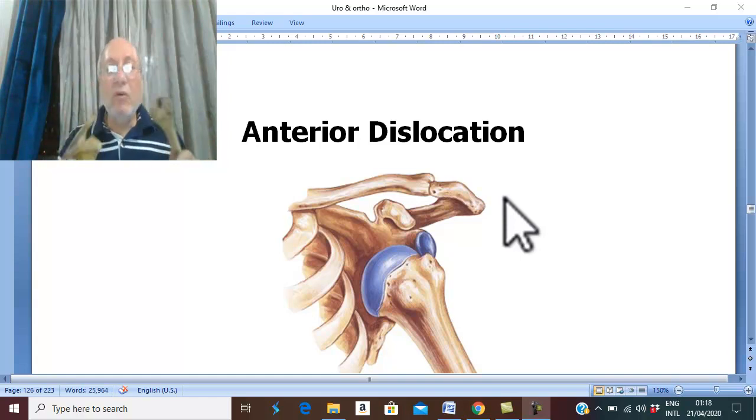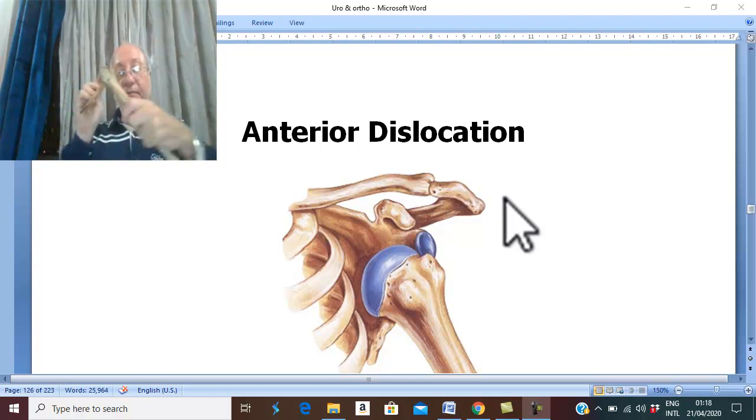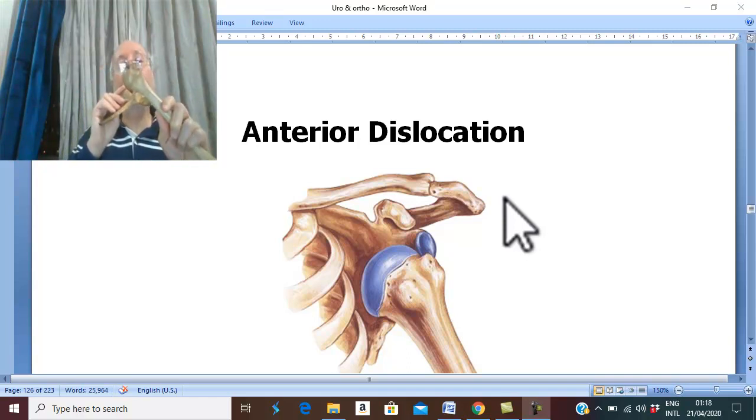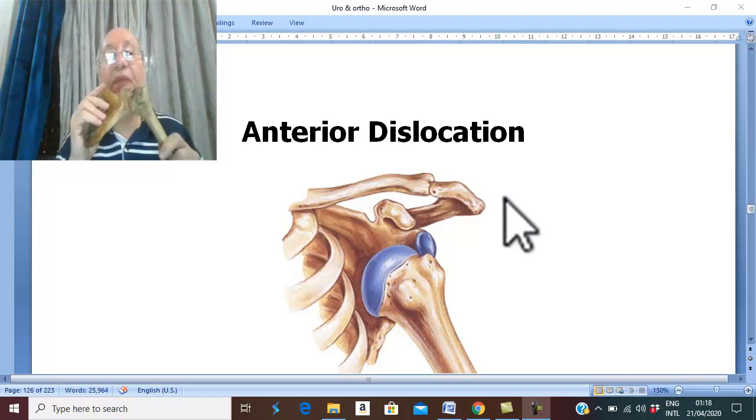What is this? With forcible extension, abduction, and external rotation, the head of the humerus is impacted against the anterior part of the capsule of shoulder joint and the anterior part of the labrum glenoidale, and this will lead to rupture of the anterior part of labrum glenoidale and the anterior part of the capsule of shoulder joint, leading to anterior dislocation.